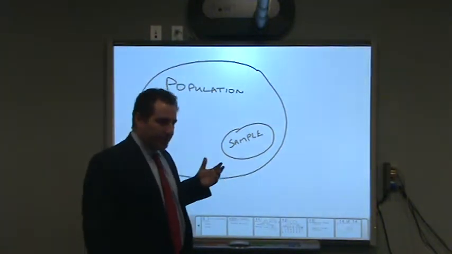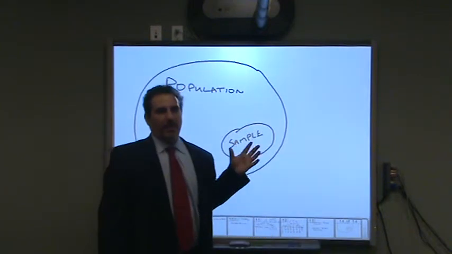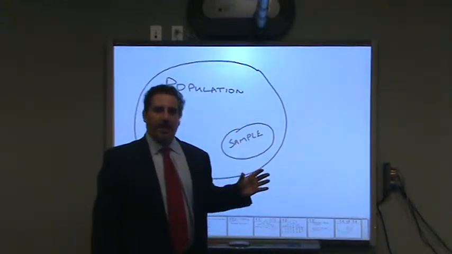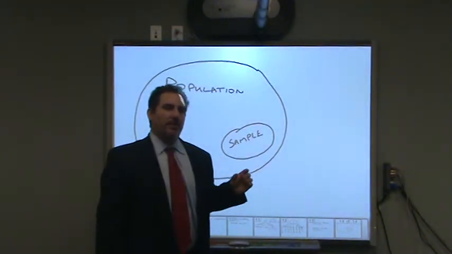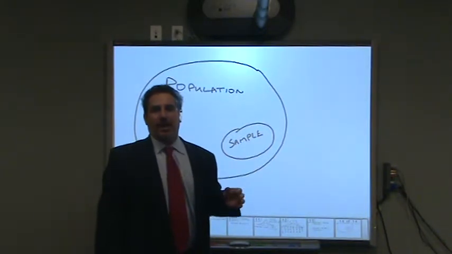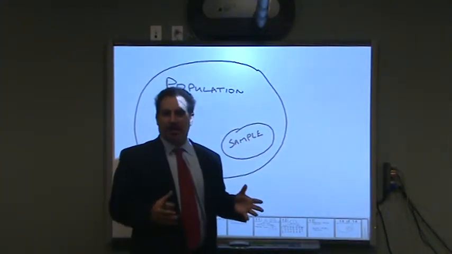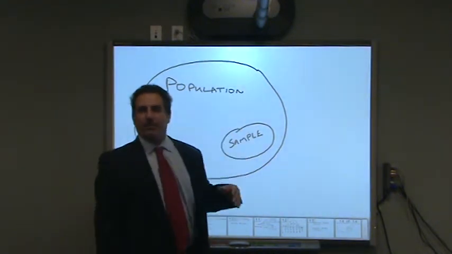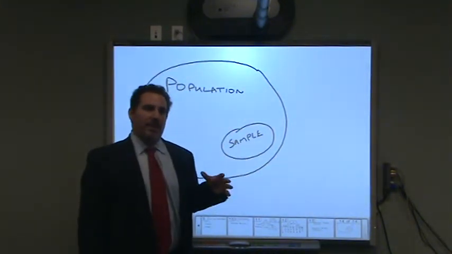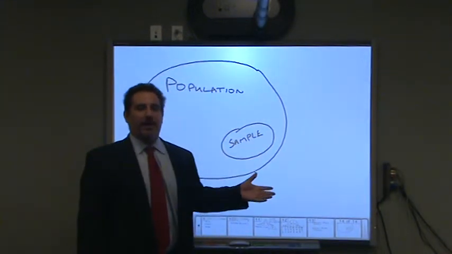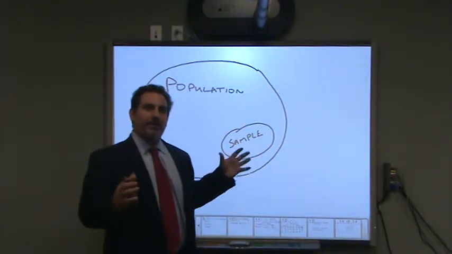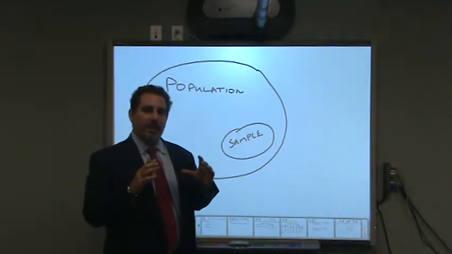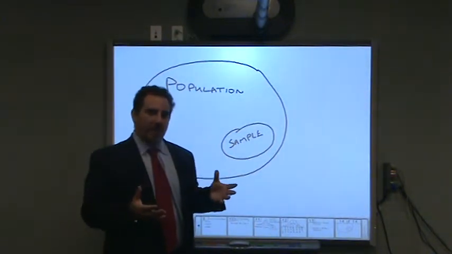For example, I could say that the population of sex offenders who are incarcerated at Coalinga State Hospital look a certain way on the penile plethysmograph, because it would be doable to give all of those people the penile plethysmograph. So if I define the population in a very narrow way, then that makes all the difference.